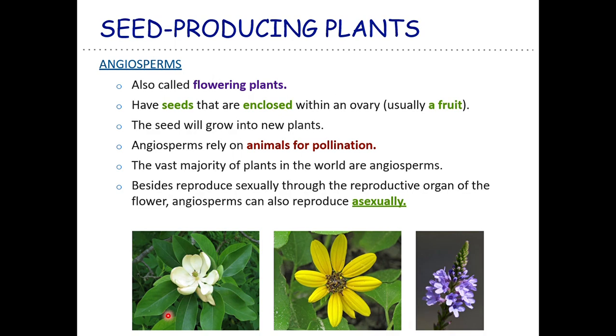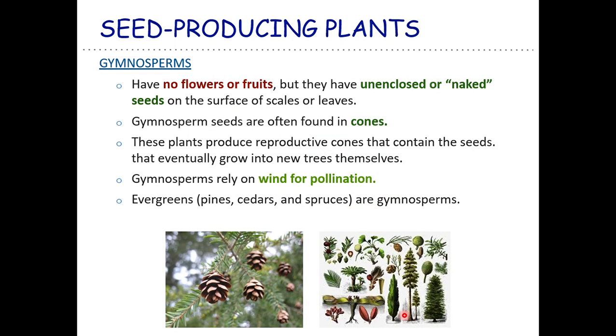The figure shows different types of flowers in angiosperms. Gymnosperms, however, have no flowers or fruit, but they have unenclosed or naked seeds on the surface of scales or leaves. Gymnosperm seeds are often found in cones. This is the picture of the cones.